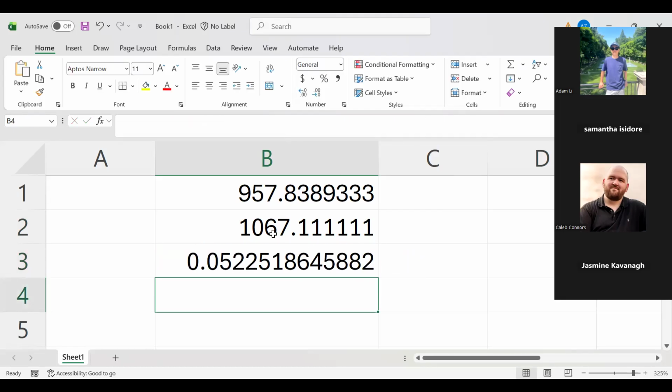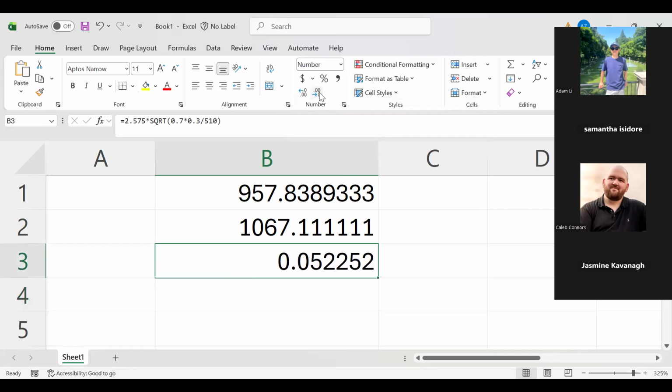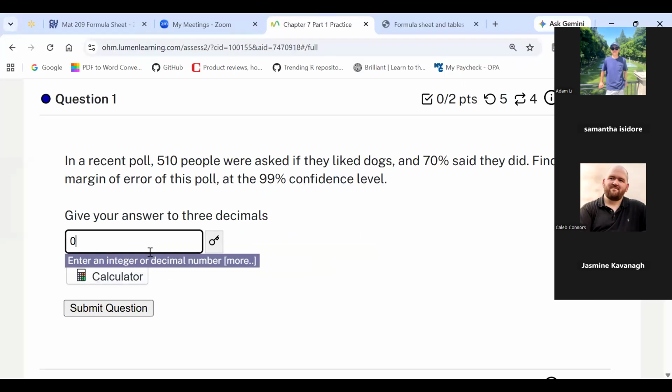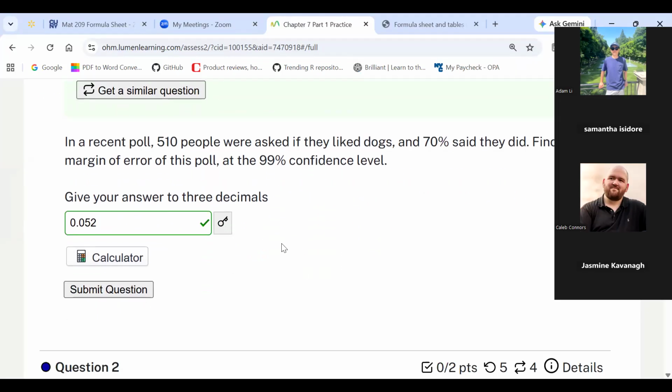And that gives us this. Now we want 3 decimal places. So the answer is 0.052. Yep, it's a good answer.